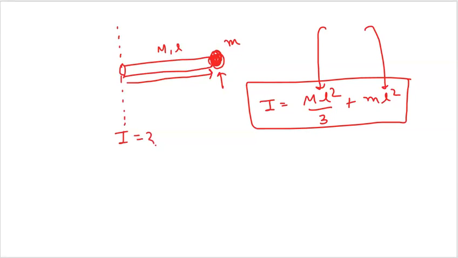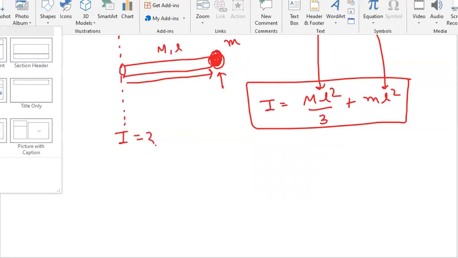Okay, suppose I take one more example now. We have a solid sphere here and we have one mass small m here, one mass small m here, one mass small m here, and another mass small m here. And the mass of the sphere is also m, but the radius is r. Now my question is, what will be the total moment of inertia? There are five masses.